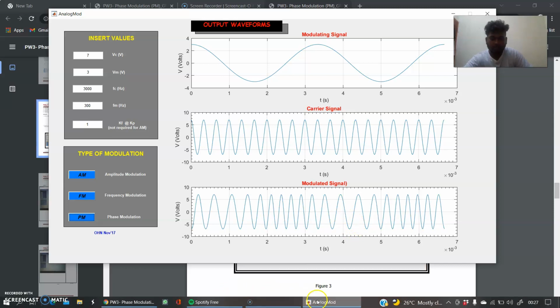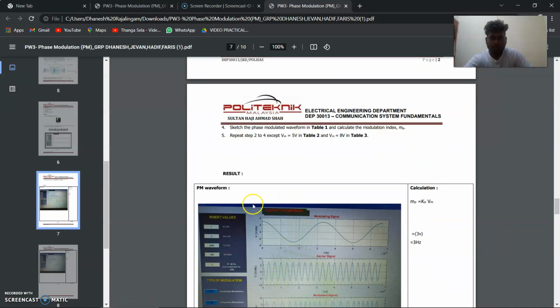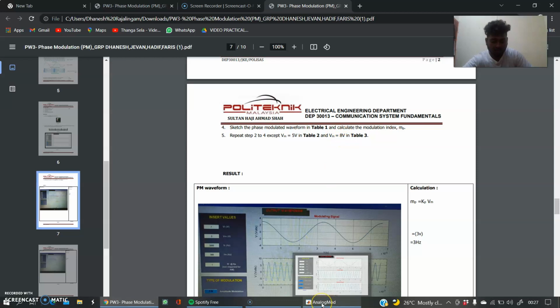So now I'm going to do the second graph. I'm using the same values, but I only changed some of the digits. For table 1, VM will be 5V, and for table 2, VM will be 8V.